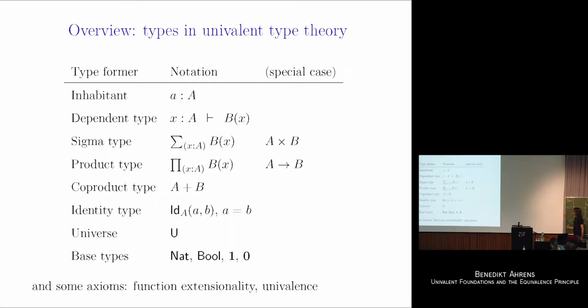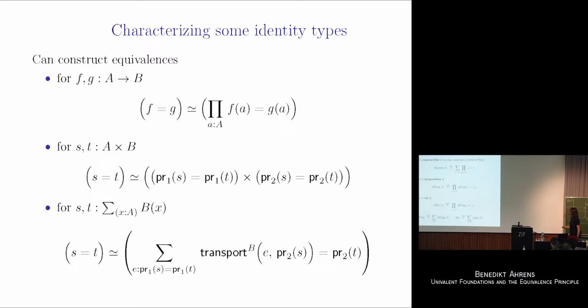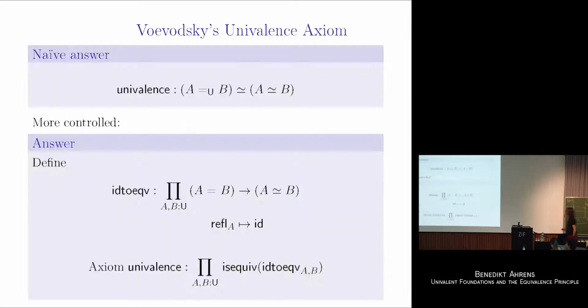Another way of defining this identity type is by recursion on types, so that these characterizations of the identity type become actually not equivalences that we can construct, but become true by definition. And by the equal sign versus ID, those are just two different notations for the same thing.